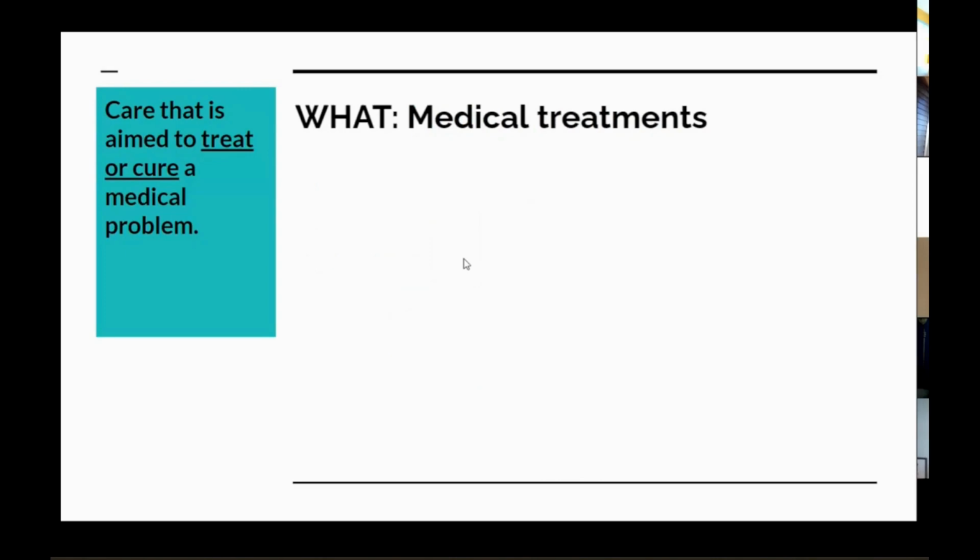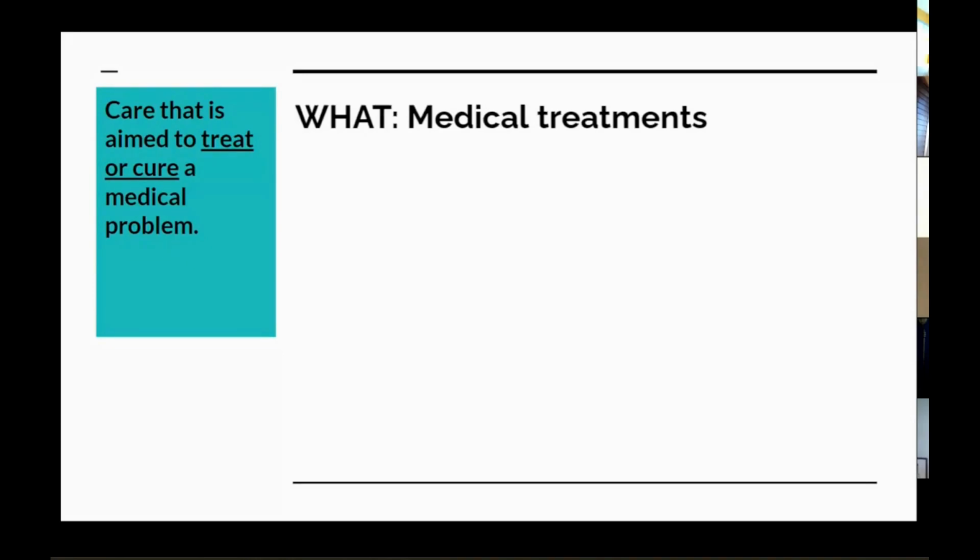Okay. Now, separate is just medical treatment. As I have alluded to, sometimes these same treatments, the breathing tubes, the dialysis, medications, and even a G-tube, a tube to help you feed, sometimes those are curative, right? So sometimes we are offering a care that will actually treat or cure a medical problem, so that maybe you can take out the G-tube and go back to eating.